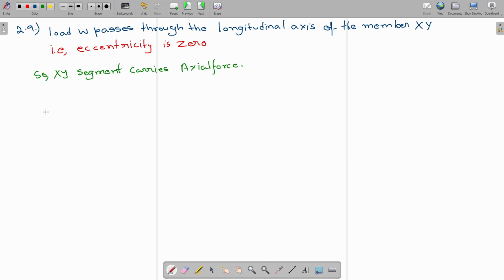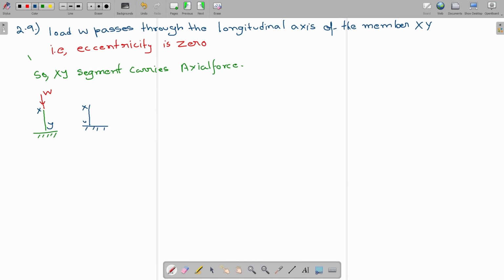Since the eccentricity is 0, there is no eccentricity. This is the load W. This is X, this is Y. There is no eccentricity. If there was eccentricity, it would have been like this. So this is the same segment.